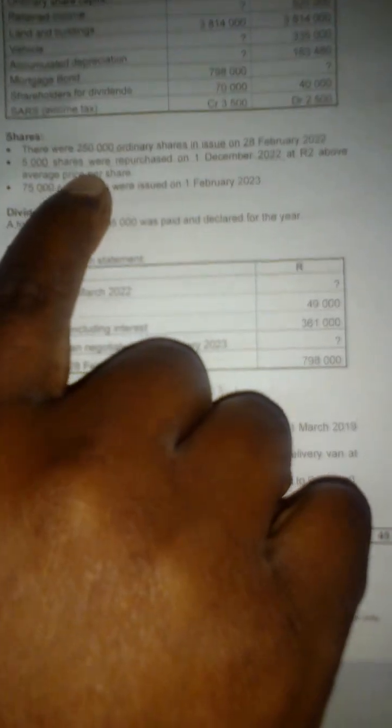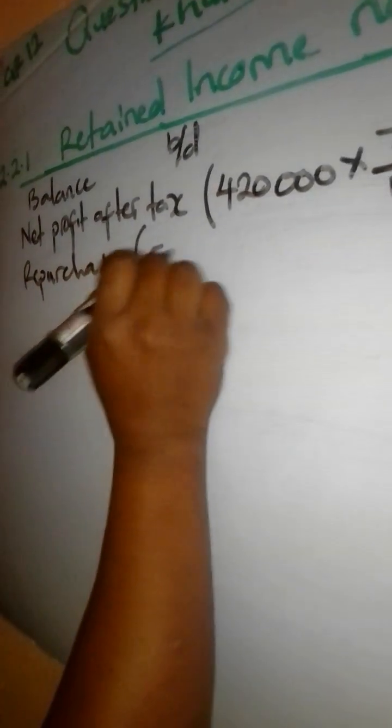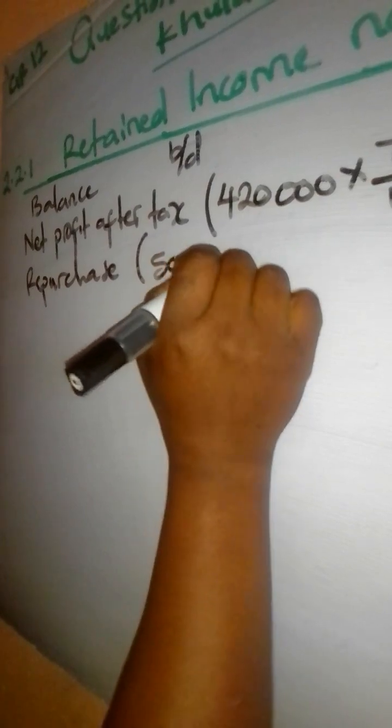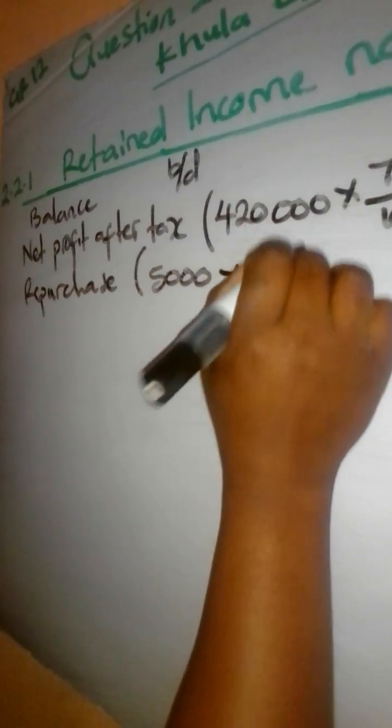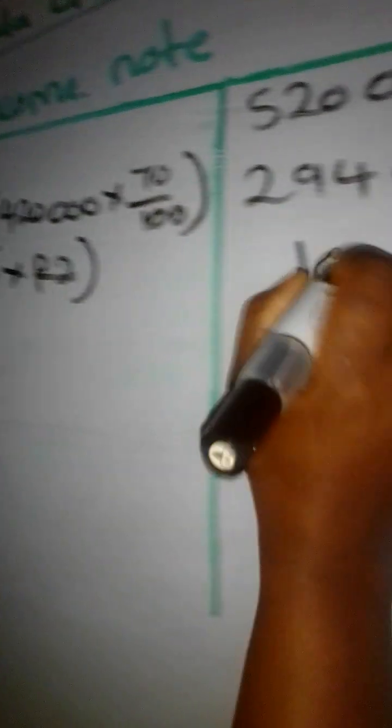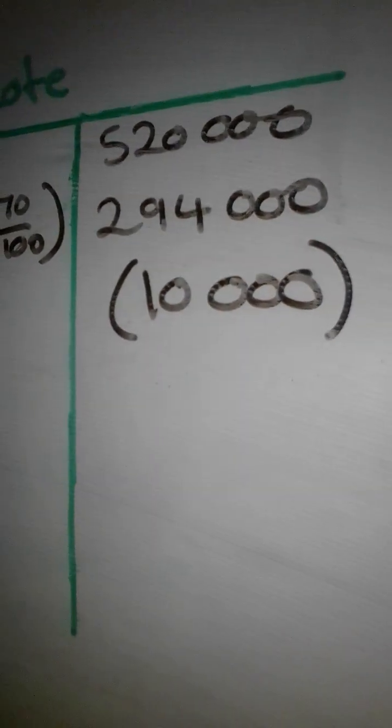How many shares? 5,000. So we are going to indicate repurchase, and then we are going to say 5,000 shares multiplied by 2 rand, which will give us something like 10,000. And remember, it's negative. Repurchase is money going out. All right, what else do we have?